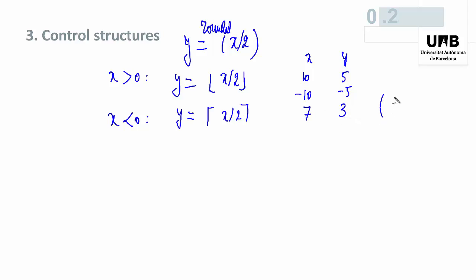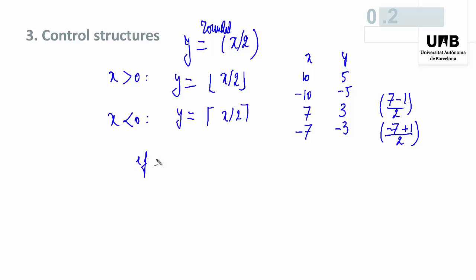Observe that 3 is 7 minus 1 divided by 2. But if x is equal to minus 7, the result must be minus 3. And observe that minus 3 is minus 7 plus 1 divided by 2. So the algorithm could be the following one.